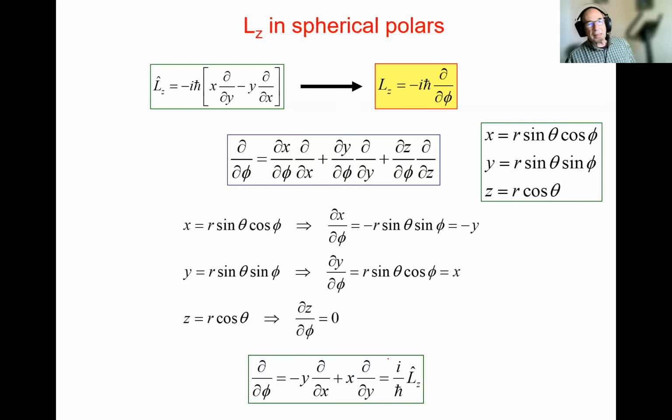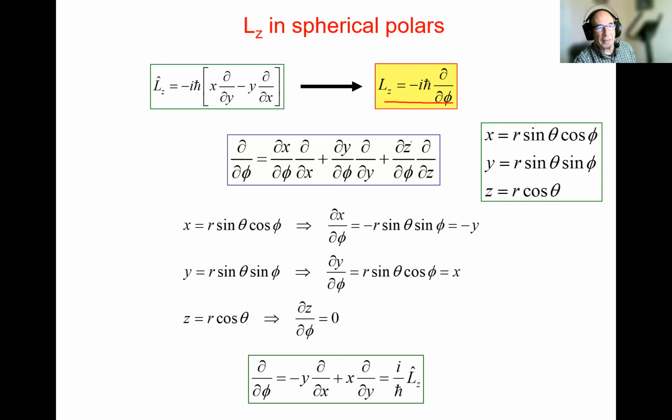Now for LZ, if we take the Z component of angular momentum and represent it in spherical polar coordinates, we arrive at a very simple expression. Instead of the expression for LZ which we have in Cartesian coordinates, we now have this operator, which is basically the partial derivative with respect to the angle phi.